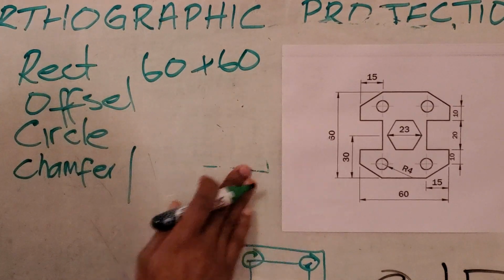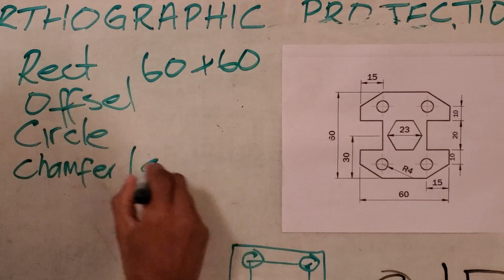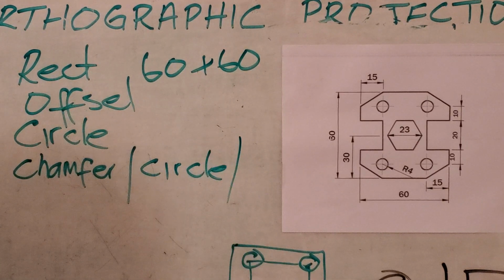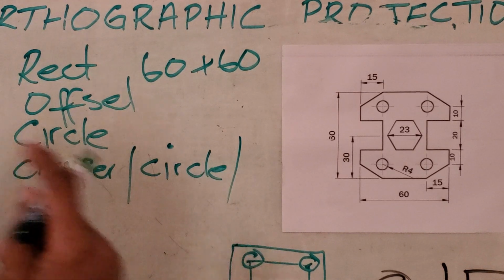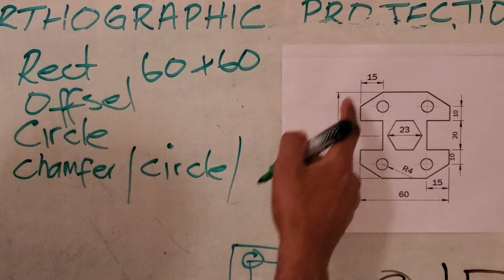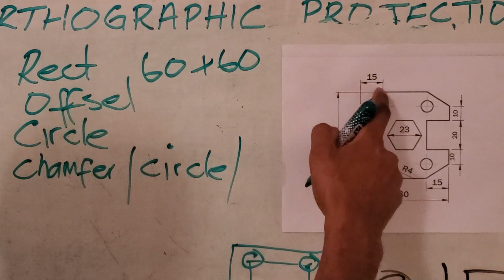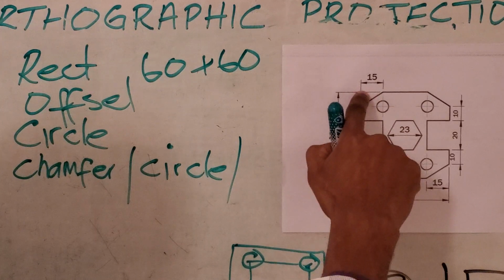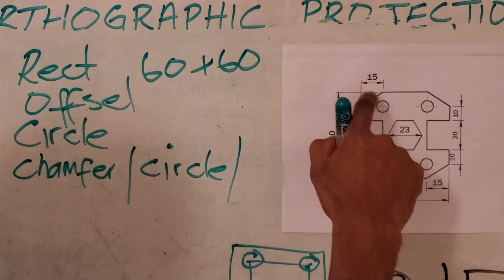We'd use circle, or circle and object snap tracking. With circle, I would draw a circle 2P to get this point right here, or I could use object snap tracking.